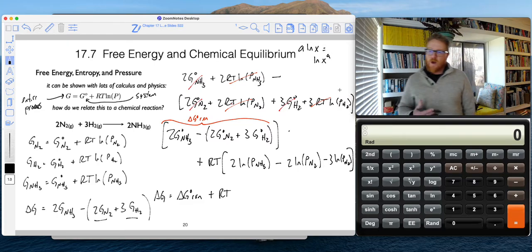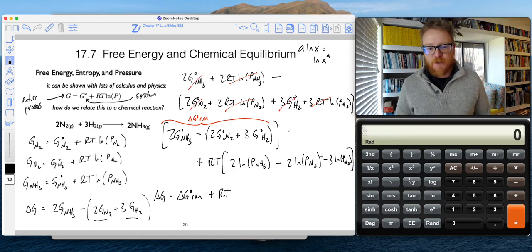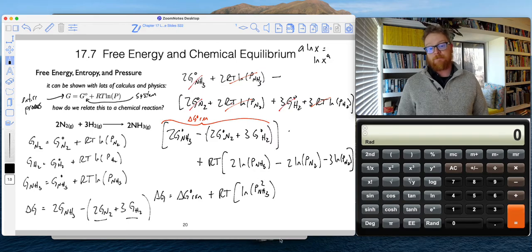So that's another one of these log tricks, okay? So you'll notice here that I've got 2 times the natural log of PNH3. So instead, I can write that as the natural log of PNH3 squared. And then that means I can also write this as the natural log of PN2 squared. And then this is the natural log of PH2 cubed.